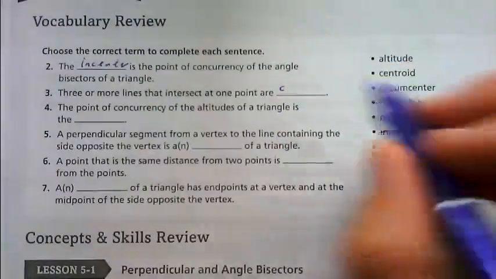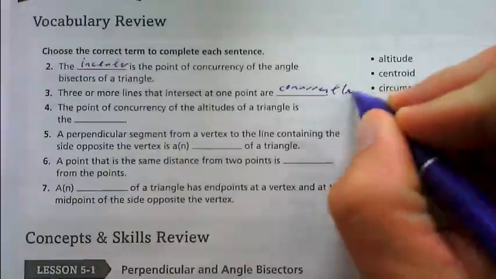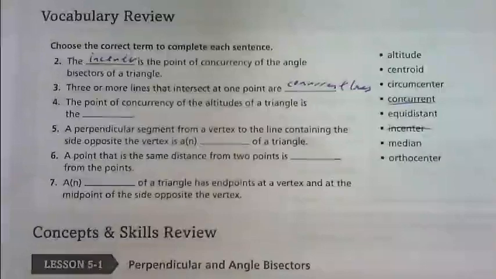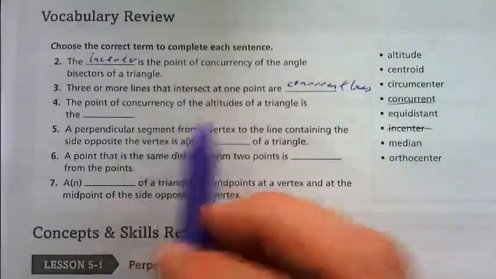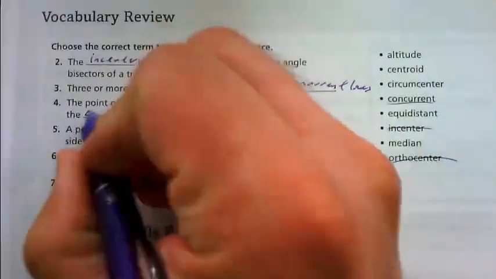I would put concurrent lines, not just concurrent. The point at which they actually intersect is the point of concurrency. The point of concurrency of the altitudes of a triangle is the orthocenter.